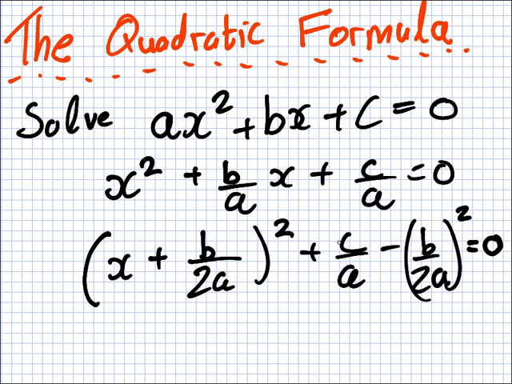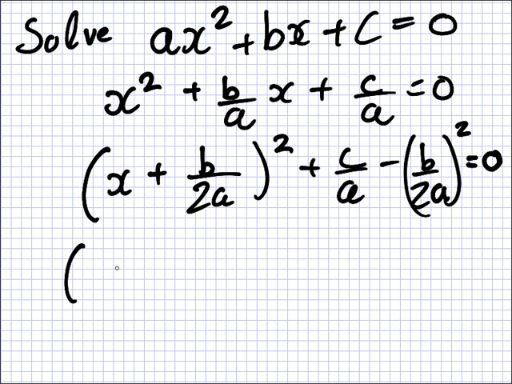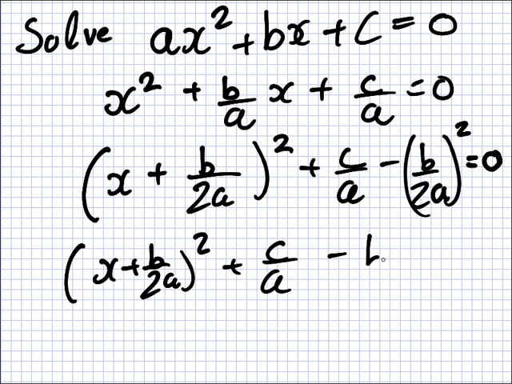You have that? Yeah. So now, I have x plus b over 2a squared plus c over a minus b squared over 4a squared equals 0.